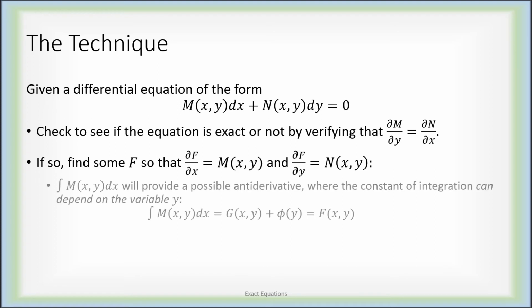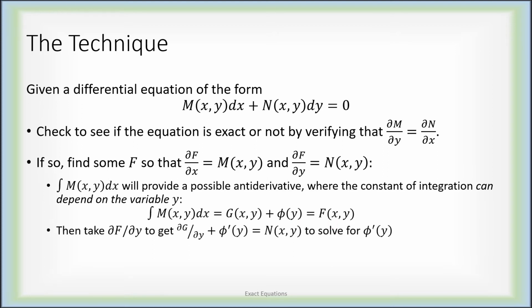Now, how do you do that? Integrate m of xy dx to get a possible antiderivative, but the constant of integration can depend on the variable y. So when you integrate this against dx, you'll get some function plus an unknown function only of the variable y, and that should be f of xy. Now take d by dy of all of this, and on the one hand, d by dy of f will be n. On the other hand, you get this partial derivative plus this actual derivative, and solve it for phi prime.